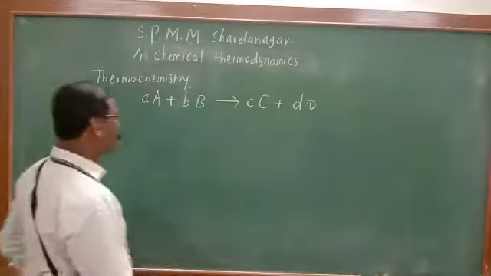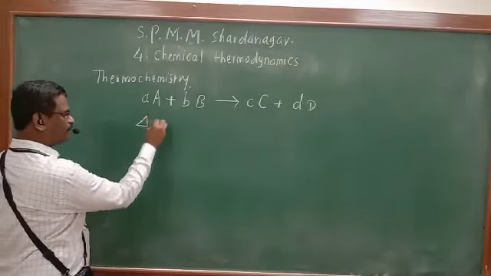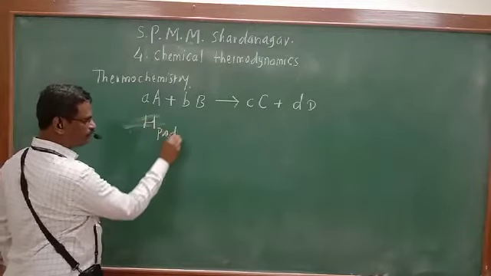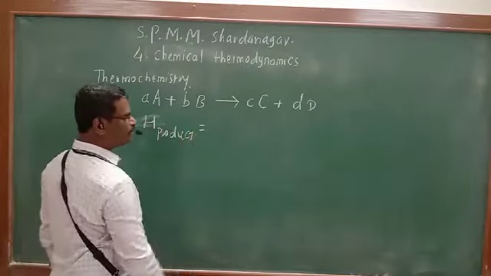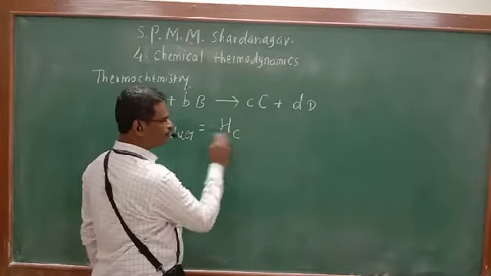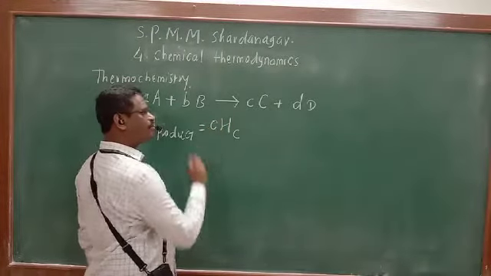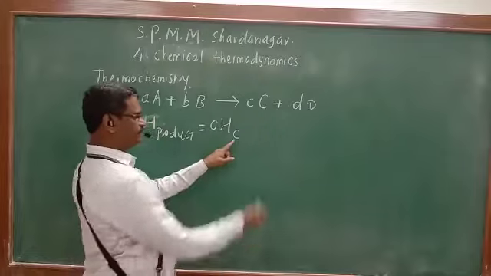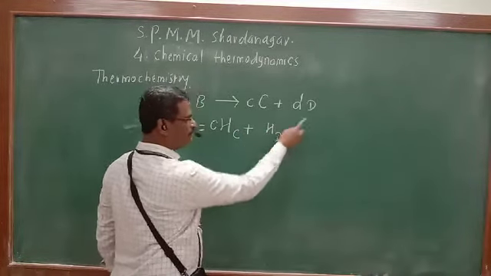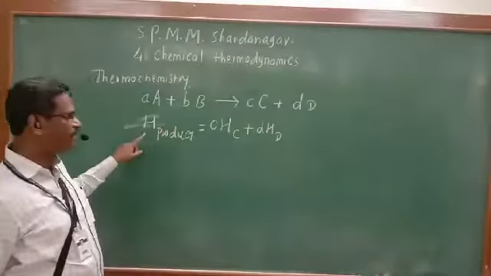So what is the enthalpy of the products? H of product is equal to c moles of enthalpy of C plus d moles of enthalpy of D. That is the enthalpy of product.